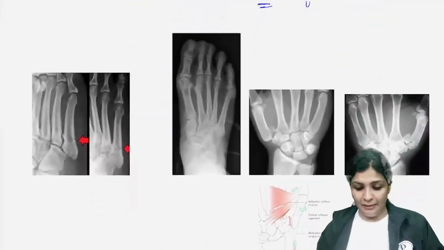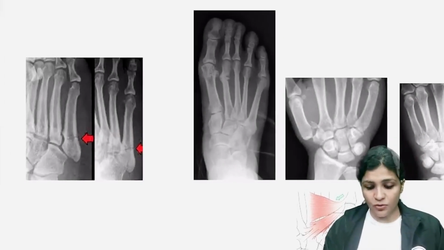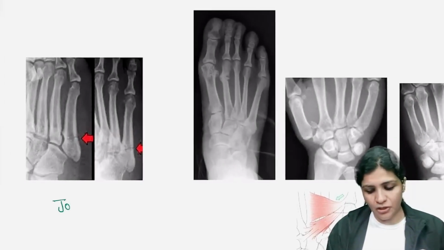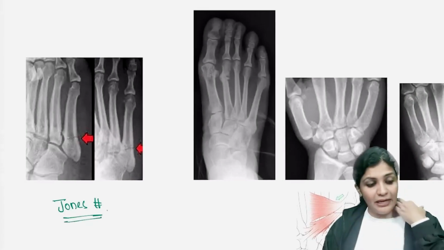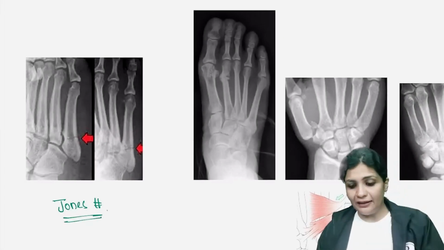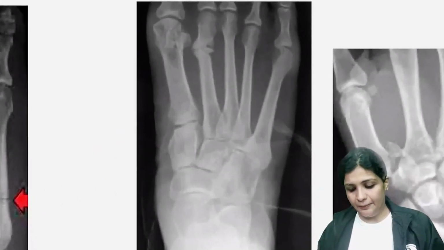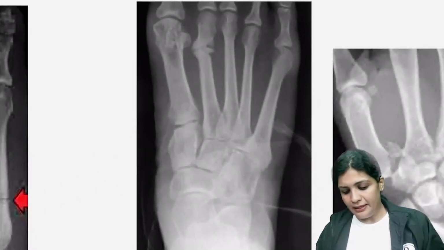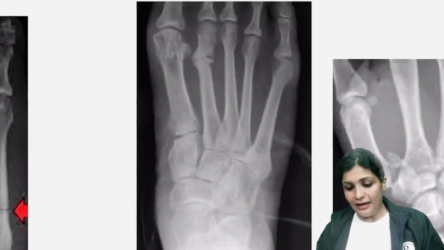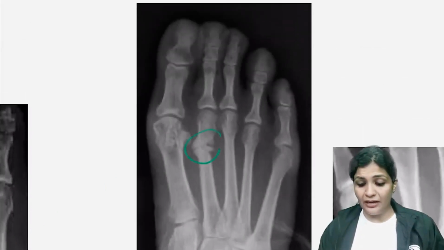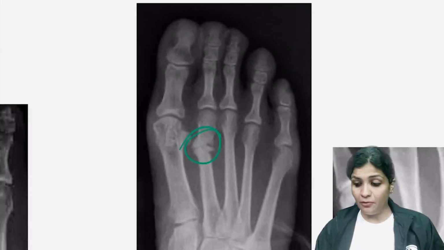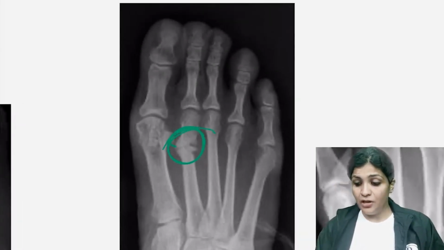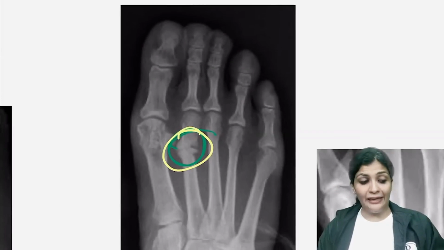So now these are the examples of it. Now what is this one? This is the base of the fifth. This is a Jones fracture, right? Base of the fifth metatarsal, which is a Jones fracture. And then what is this? This is a neck, second metatarsal. And if you see, there is some amount of callus also you can notice, right?